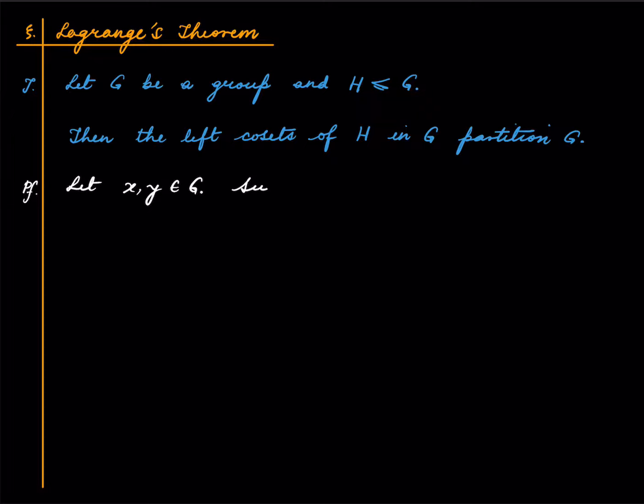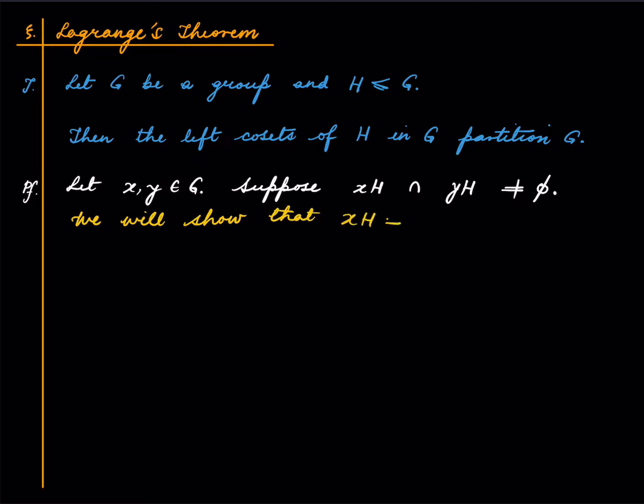So suppose the left cosets are not disjoint. What we would like to show is that they are indeed equal, which would prove the proposition. Well, the proposition says a little bit more, but right now let me just show that if two cosets are not disjoint, then they are equal, and we will then prove the proposition. All right. So suppose they are not disjoint, then we will show that these are equal.